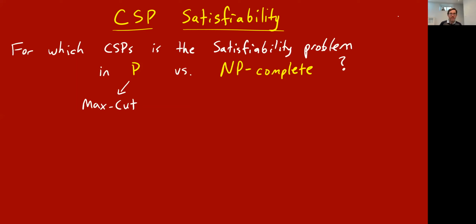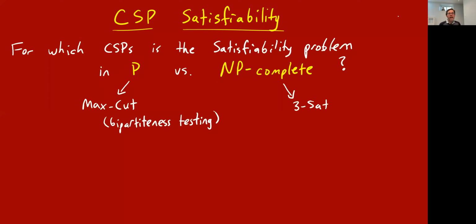You're just trying to ask, is there a partition that cuts 100% of the edges? And that's equivalent to deciding if the graph is bipartite. It means there's a partition of the vertices into 2 parts, such that all the edges go between the 2 parts. And as you imagine, there's a simple polynomial time algorithm for that. And I'll even say what it is in just a moment.